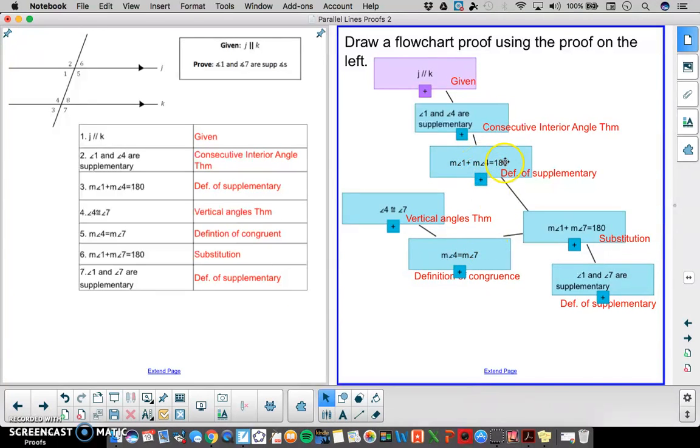So we used both of these steps to then conclude the measure of angle 1 plus the measure of angle 7 equaled 180. So notice how the flowchart joins back together for that substitution step. Then once we knew they were adding together to be equal to 180, we knew that angle 1 and angle 7 were supplementary. So we reached that final conclusion down here at the bottom.